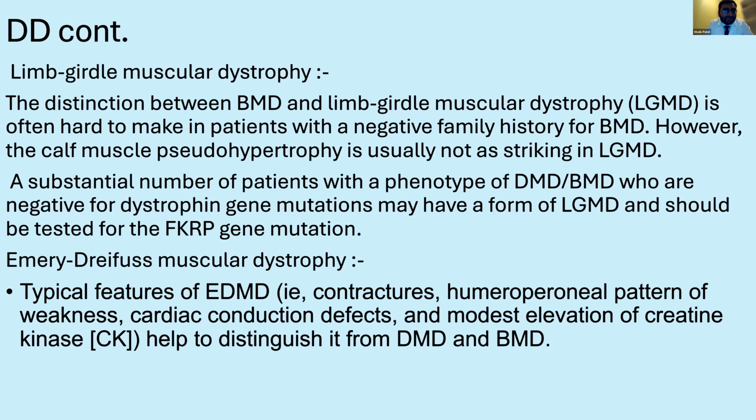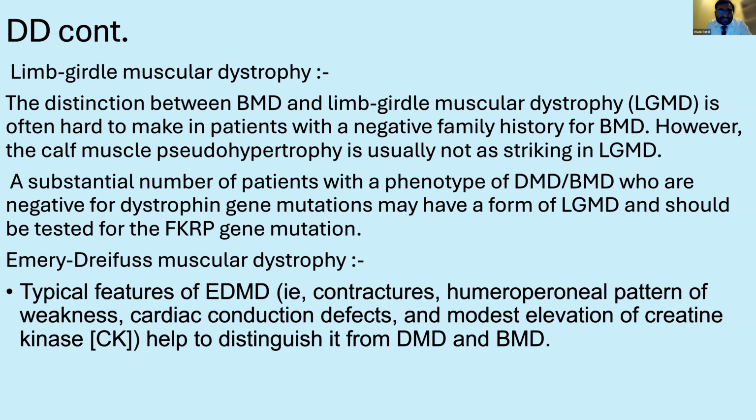Now let's talk about different types of muscular dystrophy. Limb girdle muscular dystrophy. As the name suggests, there is muscle weakness involving the hip muscles and the shoulder girdle. Sometimes it becomes difficult to differentiate between BMD and limb girdle muscular dystrophy in patients who have negative family history.